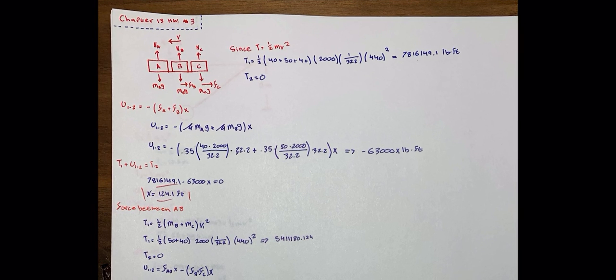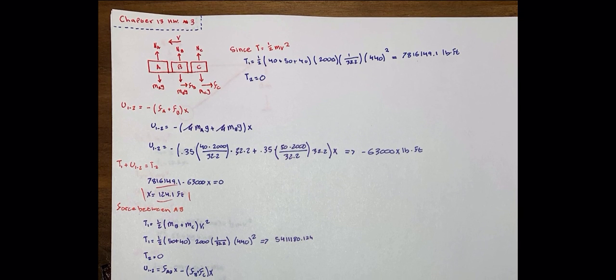Alright, so number 3. There's a subway train that's traveling 30 miles an hour when the brakes are fully applied on the wheels of cars A, causing it to slide on the track, but they're not applied on the wheels of cars C or B. We're supposed to find the distance required to bring the train to a stop and the force in each coupling.